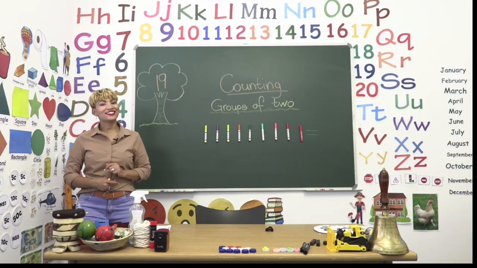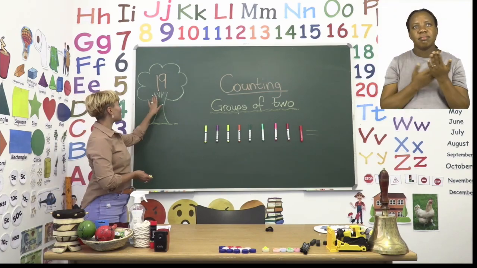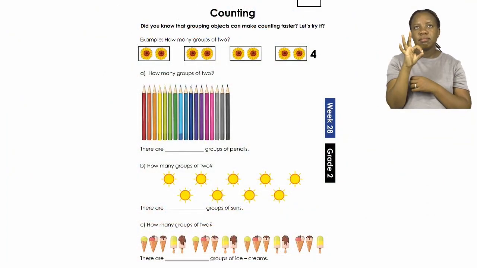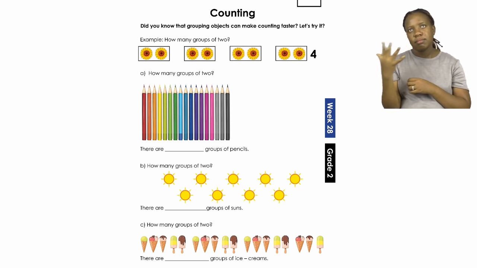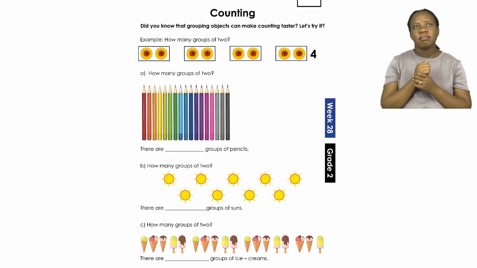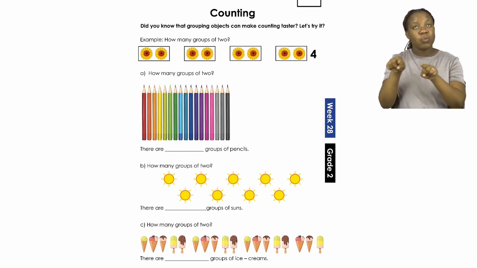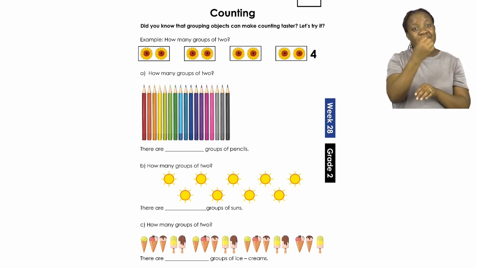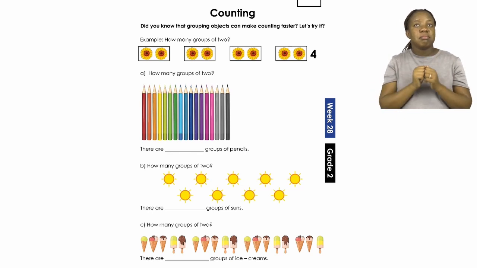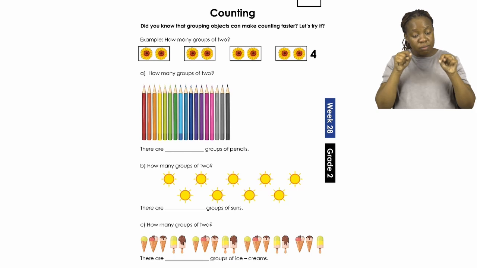Let's start this part of our lesson on page 19. Now here we are going to do some counting. And there it says, did you know that grouping objects can make counting faster? Let's try it. Now today we are going to count in groups of 2.